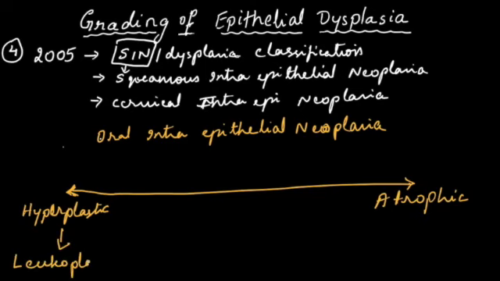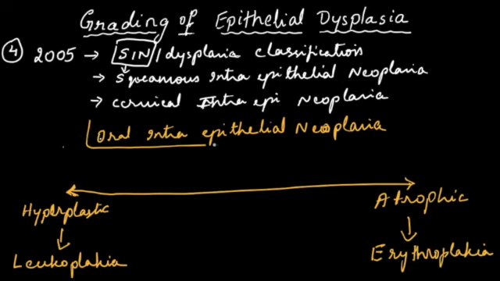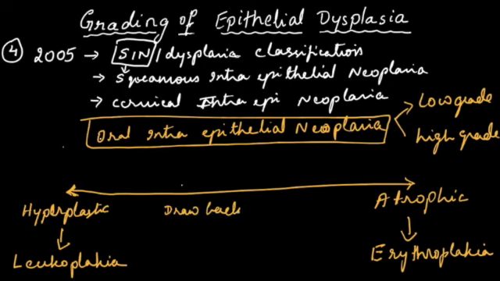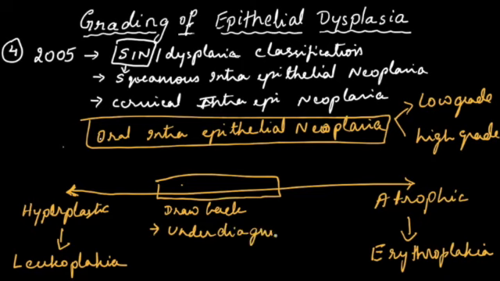Clinically, hyperplastic lesions correspond to leukoplakia and atrophic lesions correspond to erythroplakia, and they graded the dysplasia into low grade and high grade. However, the drawback was in the middle of the spectrum where the features were overlapping. Here these lesions were underdiagnosed, and this system was highly subjective.